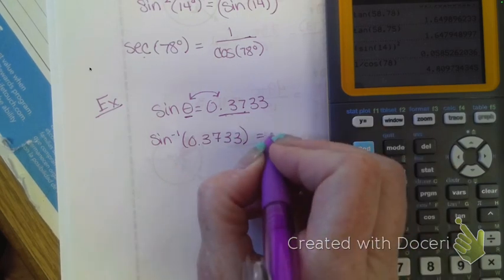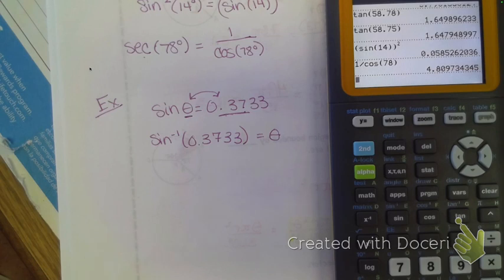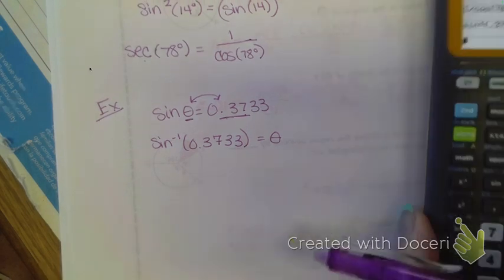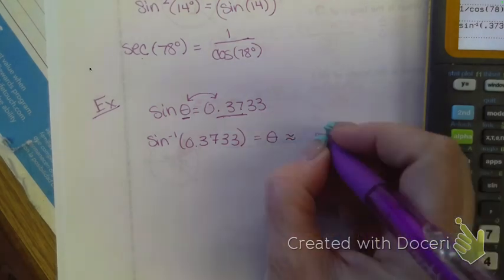Inverse sine of 0.3733 equals theta. So now can you put that in your calculator? Yes. Do you remember doing that at all in geometry now? Okay, so this is an approximate, and we're going to the nearest tenth.